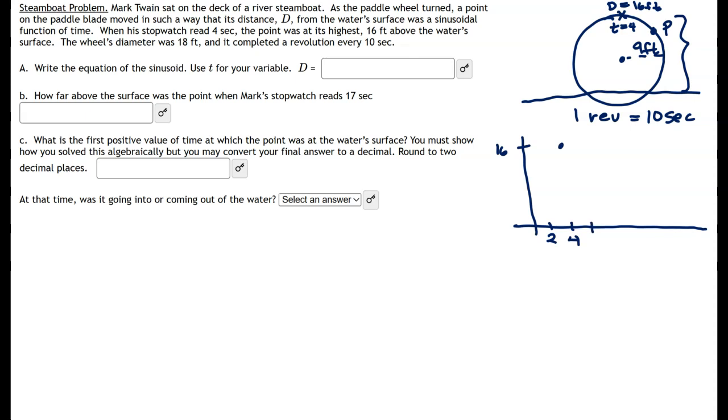So 4, 6, 8, 10, 12, 14. So that's one full period has to happen in that time frame. Exactly in the middle, so at 9 seconds, it has to be at the bottom. So 4, 6, 8, 10, 12. Okay, so right here at 9 seconds, we have to hit the bottom, which is at -2.